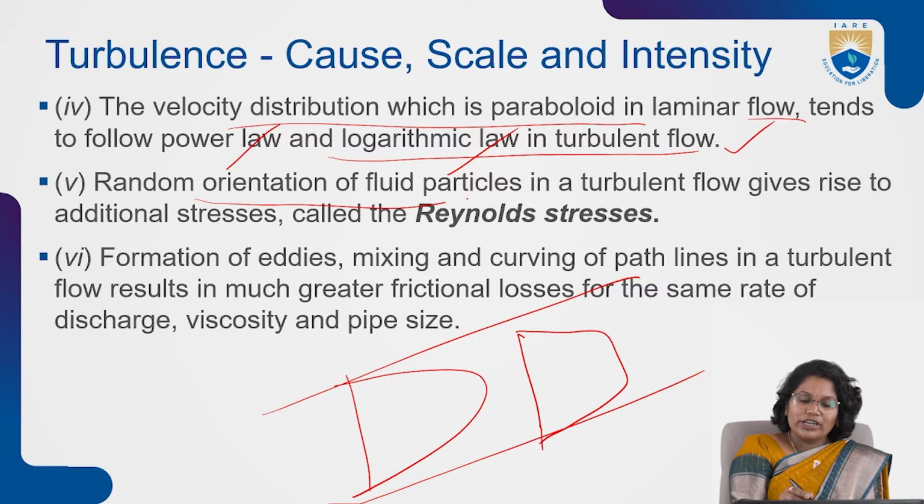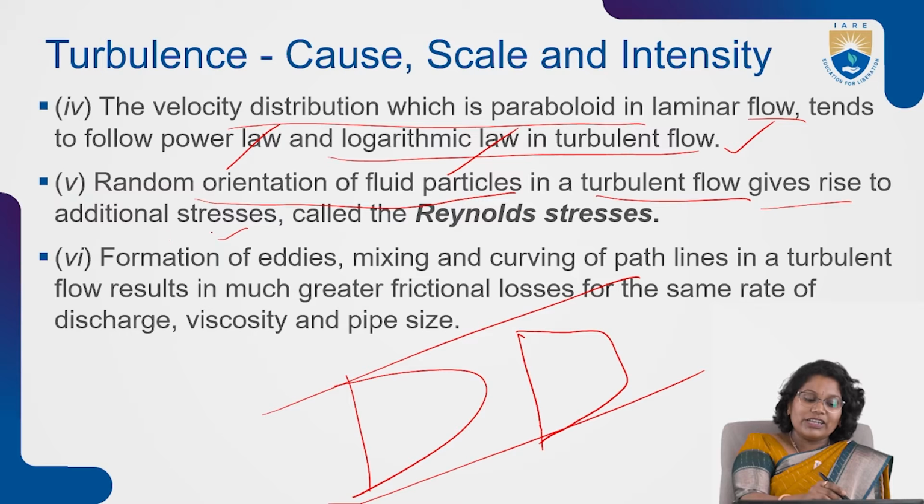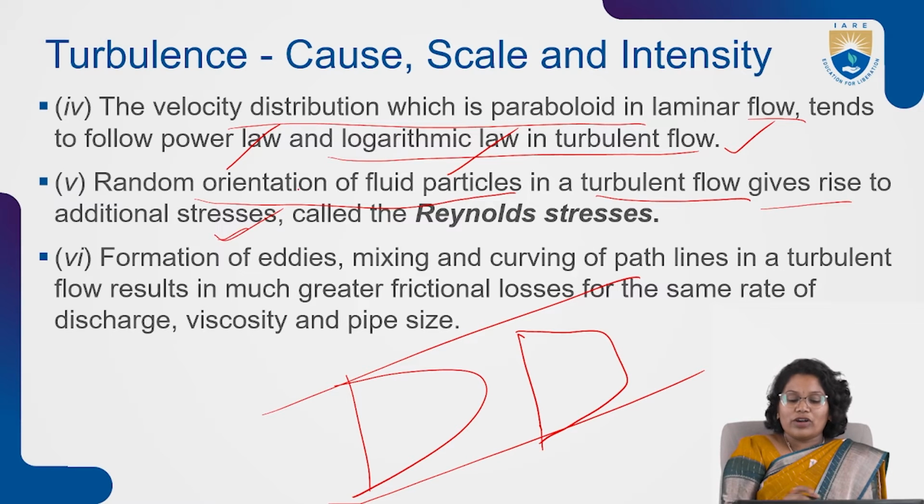The random orientation of fluid particles in a turbulent flow gives rise to additional stresses. We see some additional stresses come into the picture for turbulent flow because of the complexity of its nature. These additional stresses we call Reynolds stresses.